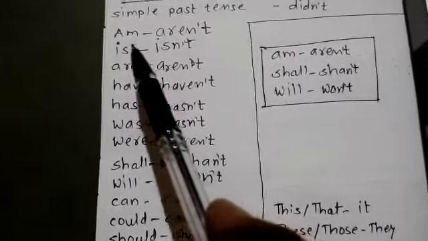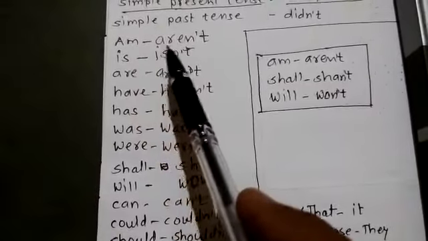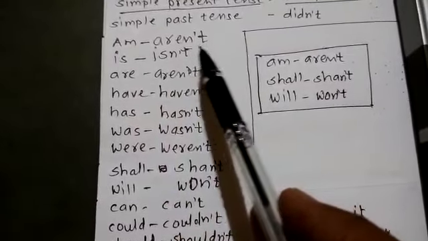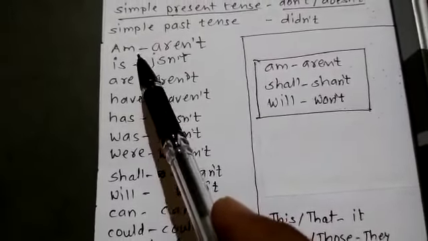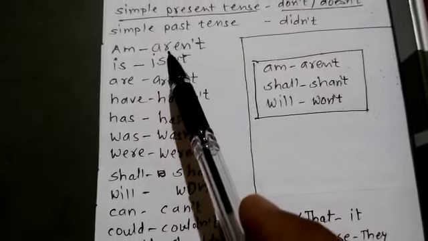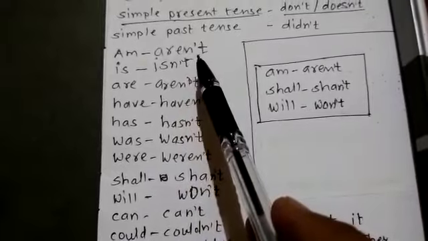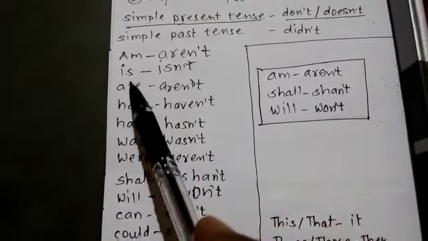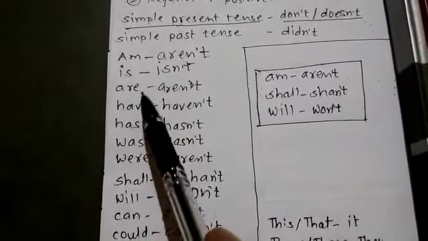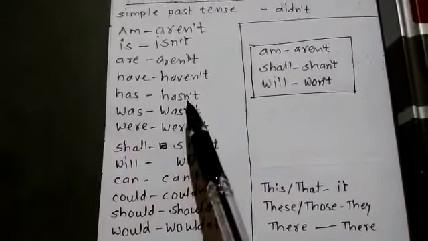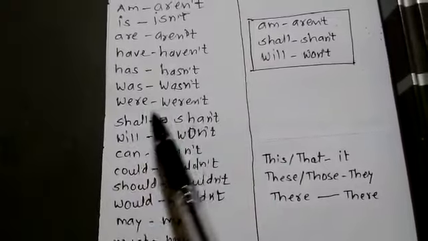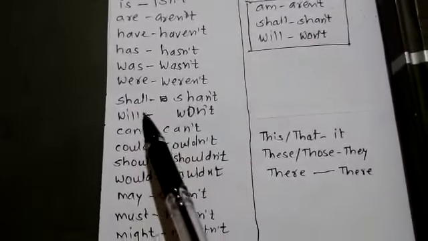Now certain helping verbs are there, so how are we going to use them. If am is used, then you have to use aren't. This is one exceptional case. Whenever there is am in the sentence, while adding the question tag you will have to add aren't. Then is, isn't; are, aren't; have, haven't; has, hasn't; was, wasn't; were, weren't.